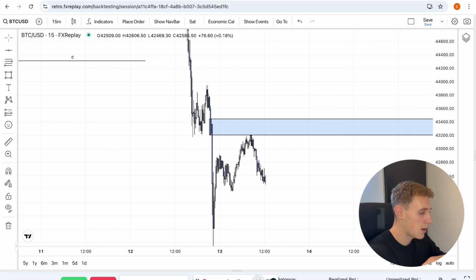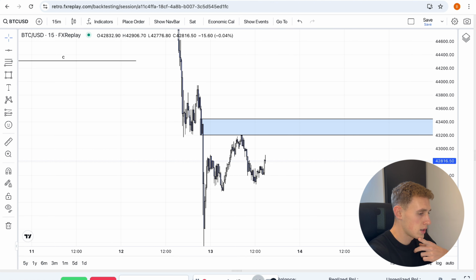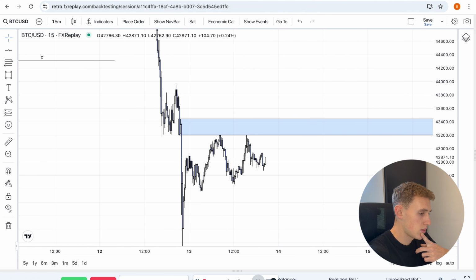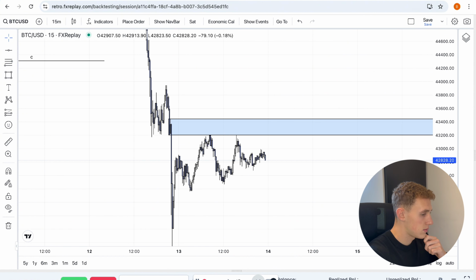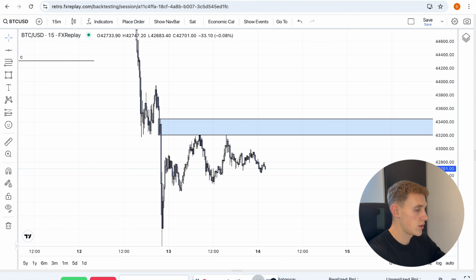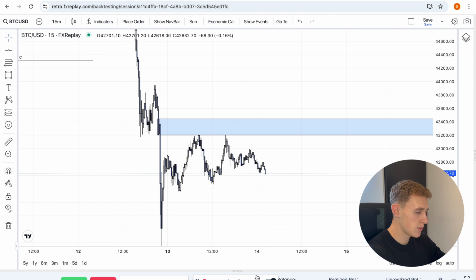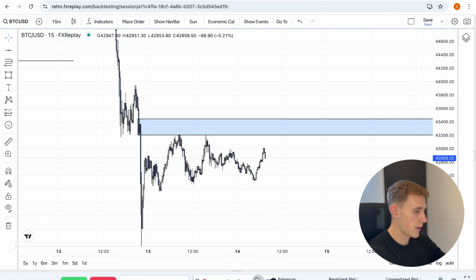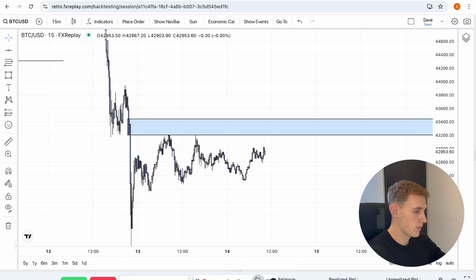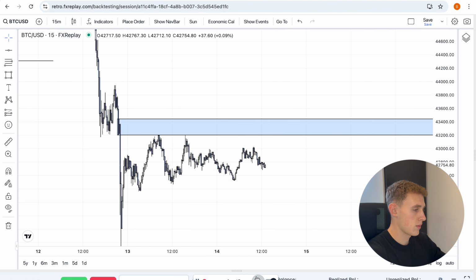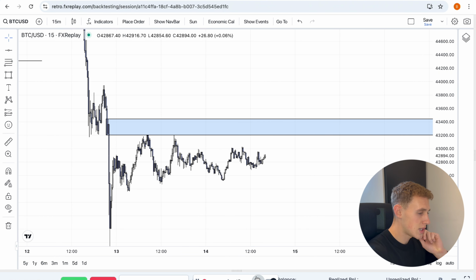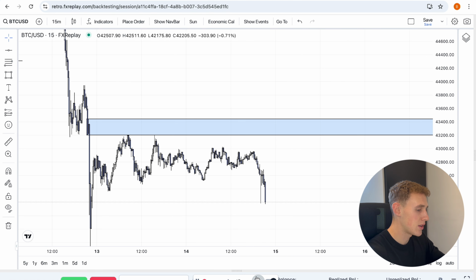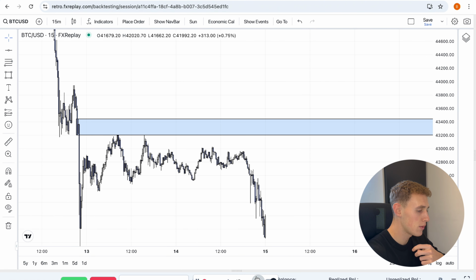If it can come back up, that would be nice. So I want to see a sweep of these highs first of all. One thing I've also noticed is that this pair kind of tends to consolidate a lot, and then after the consolidation you'll get one big move.